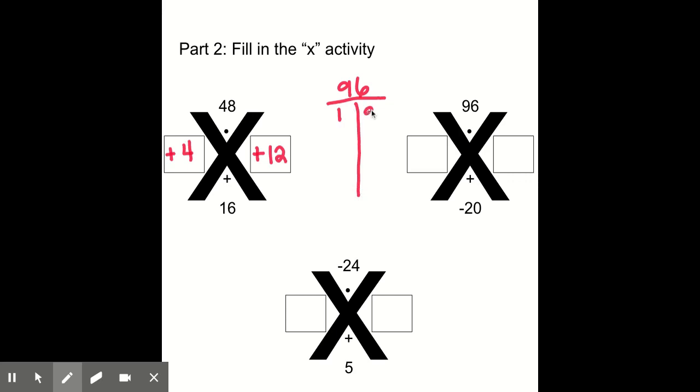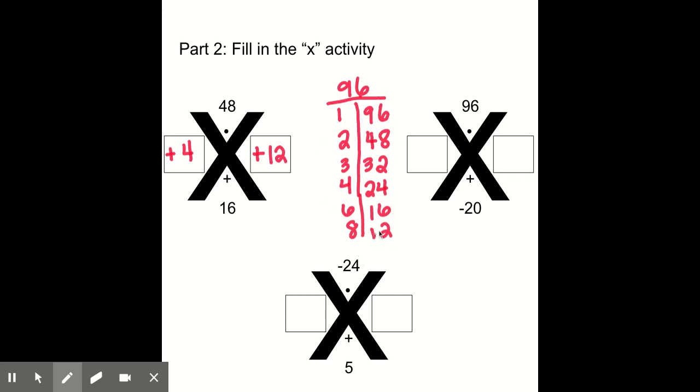That's 1 times 96, 2 times 48, 3 times 32, 4 times 24, 5 doesn't work, 6 times 16, 7 doesn't work, 8 times, is that 12? 9 doesn't work, 10 doesn't work, 11 doesn't work, and then we're back to 12.